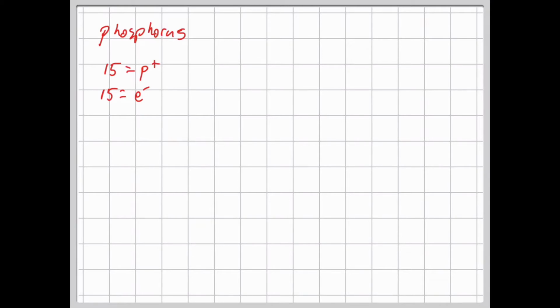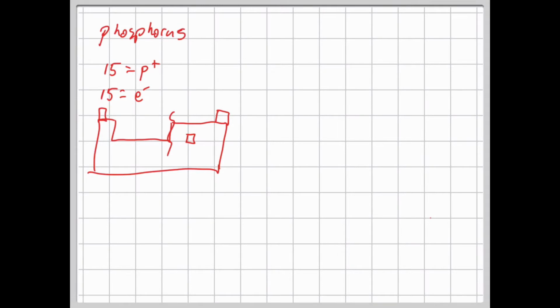Now, looking through what we know, it's on the third period, and so we know that it's going to be in the 3 orbitals. So here, let's sketch out a little bit of a periodic table. We've got helium up over here, hydrogen up here, and phosphorus comes in right about here.